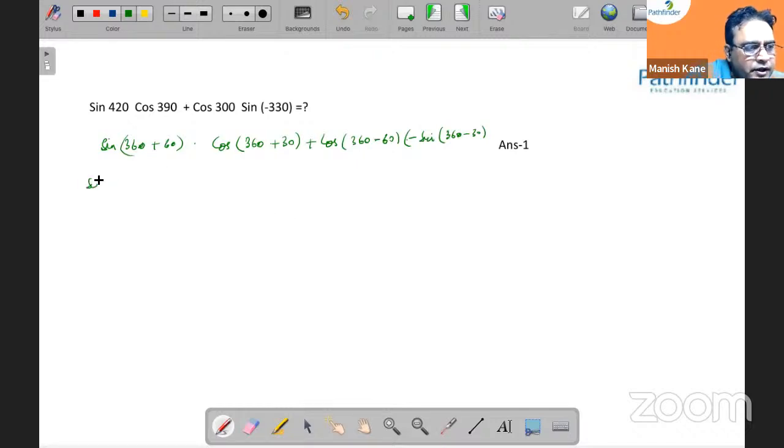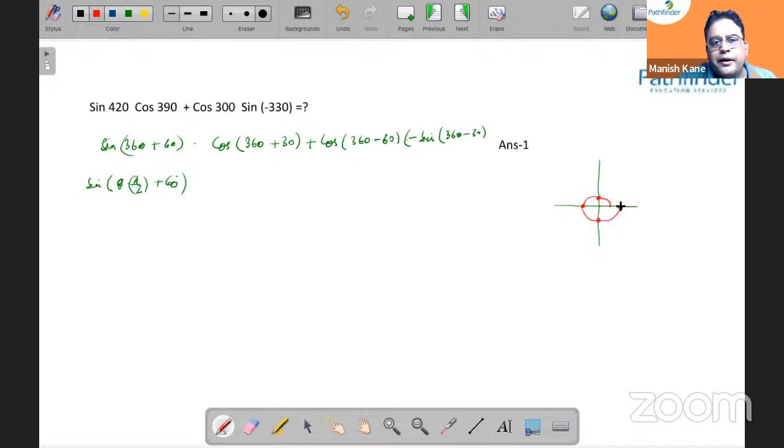Now 360, what is it? 8 into pi by 2 plus 60 degrees. So if you look at the quadrant, where is 8 pi by 2? This is pi by 2. This is pi. This point is 3 pi by 2.